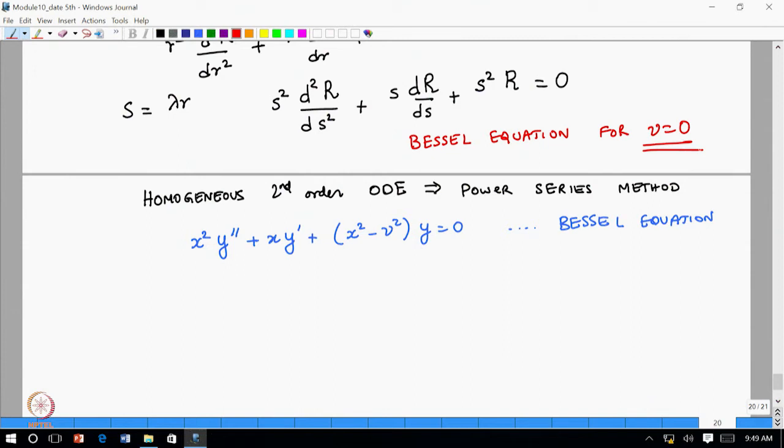Okay. Now, you can solve this by the power series method. Okay. So, we can solve this by the power series method, and I will just outline a few steps in this solution. Okay. So, we notice that s equal to 0.